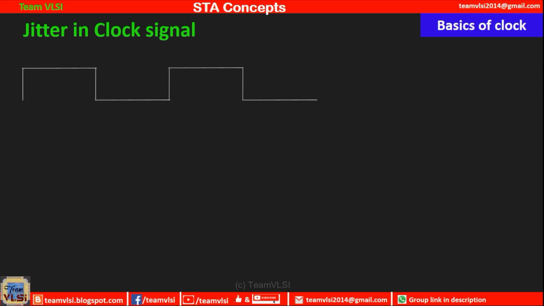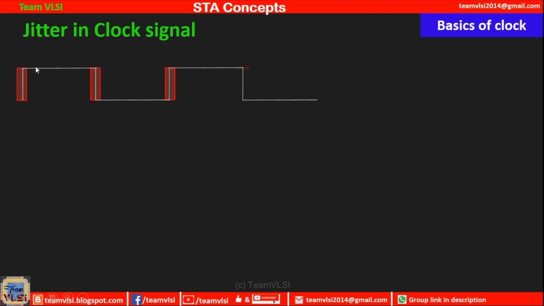But in reality, no PLL is capable of generating such an accurate pulse width. So instead of the edge falling at 500 ps, it may come at 495 ps, 490 ps, or 510 ps.